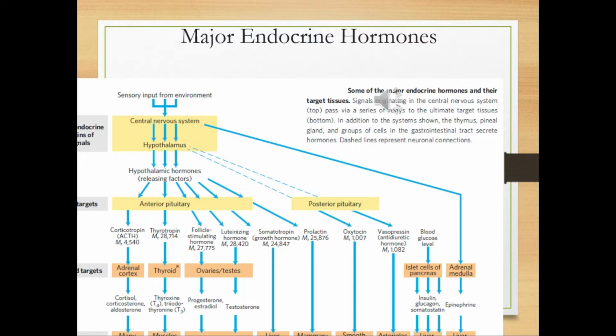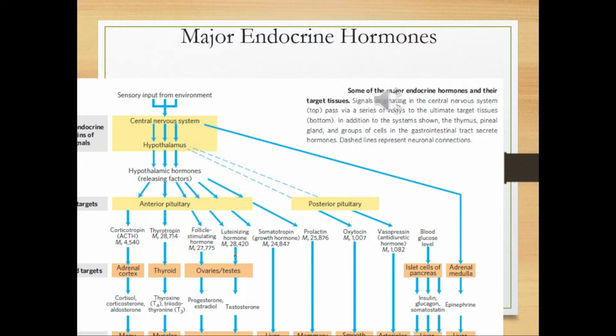Then comes follicle stimulating hormone, the third important hormone secreted by the anterior pituitary gland. The follicle stimulating hormone is specialized for ovaries and testes, and they will command ovaries to release progesterone and estradiol.